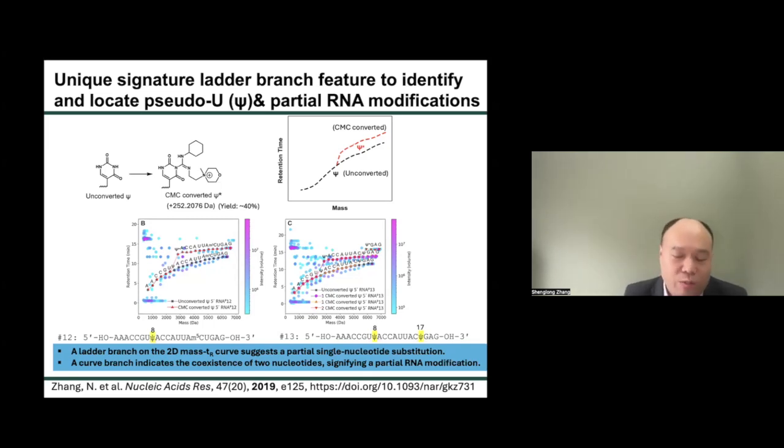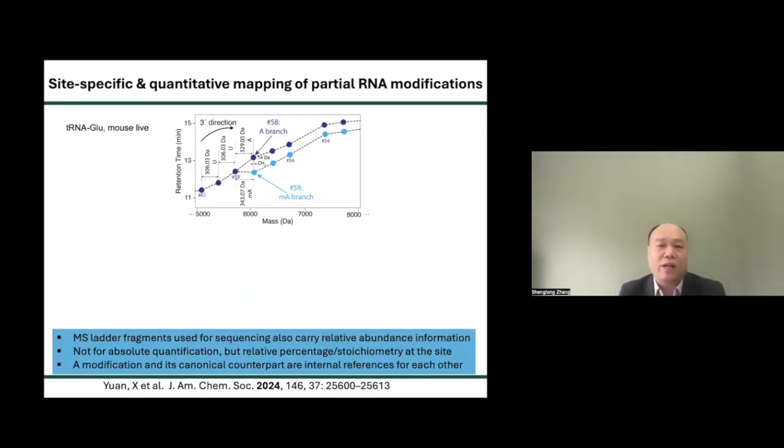So a branch that we have seen here indicates the coexisting of two nucleotides, signifying a partial RNA modification, which is difficult to study, as you heard today from other talks. So this is one of the branches we have seen when we sequenced tRNA from Professor Chen Qi's lab. He's going to talk more in his later talk.